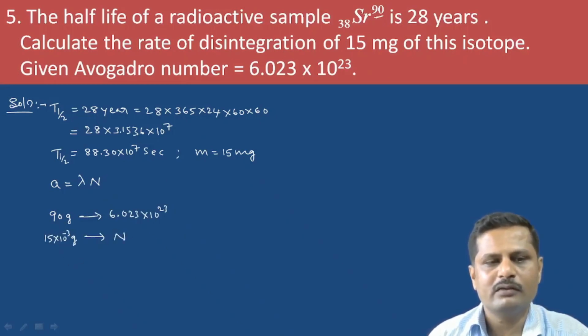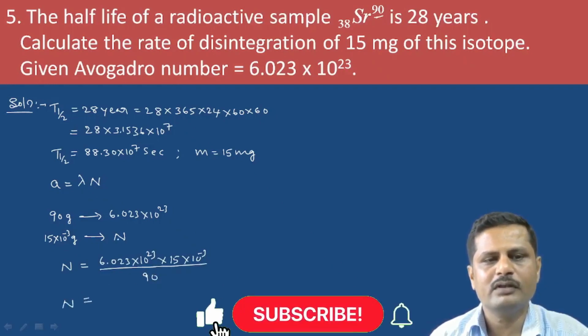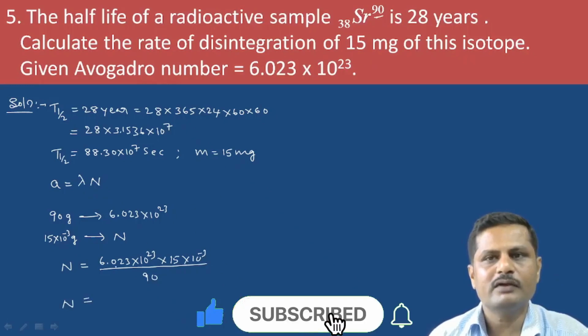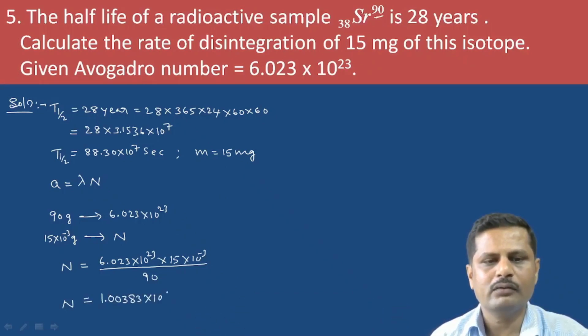On cross multiplying, we get N equals 6.023 into 10 raised to 23 into 15 into 10 raised to minus 3 divided by 90. And this equals, the number of atoms present in 15 milligram of this isotope, N equals 1.00383 into 10 raised to 20. These many atoms are present in 15 milligram of the isotope.